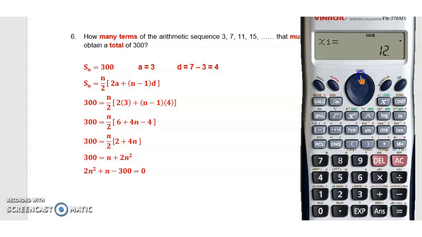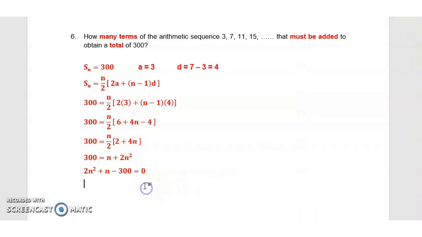So the logical answer is n equal to 12. You can write your answer like this: by using calculator, n equal to 12. So we add 12 numbers from this sequence, then the total will be equal to 300.